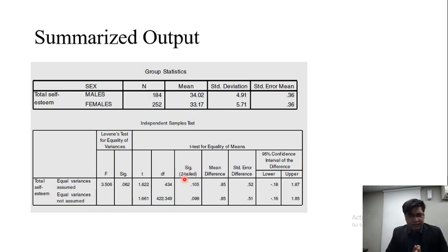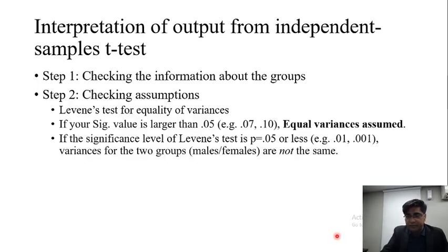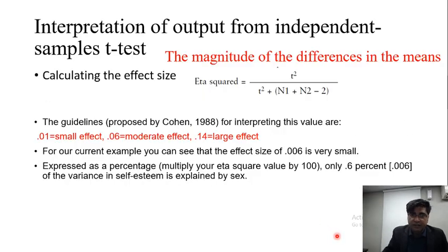Step number 4, even if there is a difference, we can check the magnitude of the difference. In our case, although there is no statistical difference, we can still check the magnitude of the difference between males and females. The formula for checking that is eta squared.